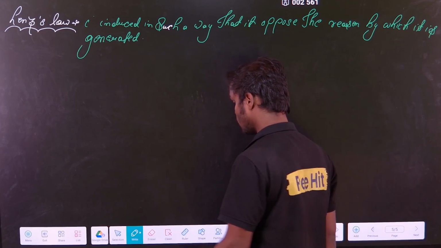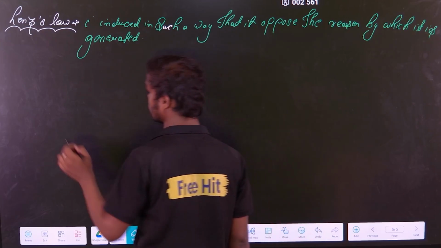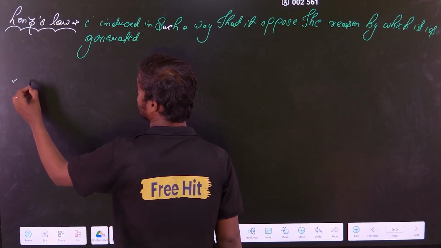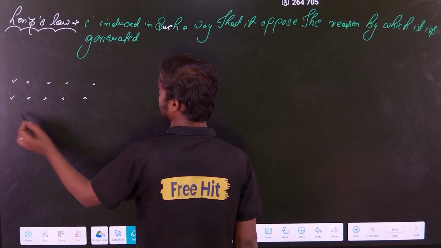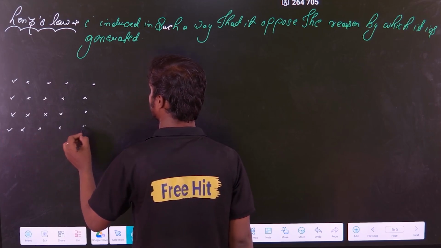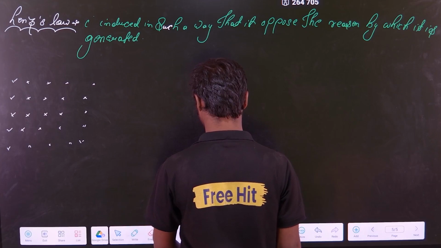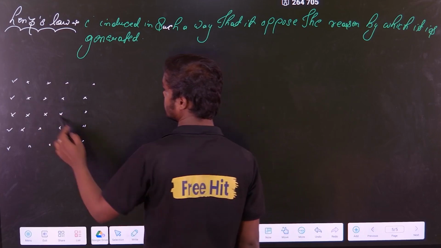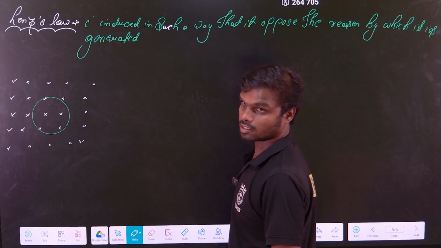Okay, so what is basically the rule? Definition no one will ask you. Let us see the rule. So suppose I have a magnetic field here, and suppose this is my circular disc or something and the magnetic field is changing in this.